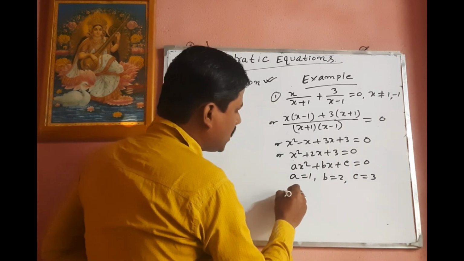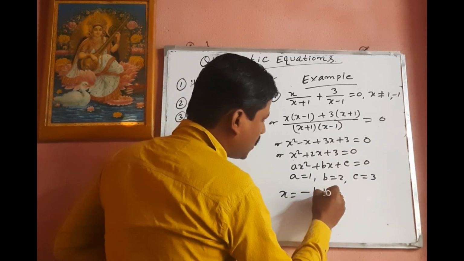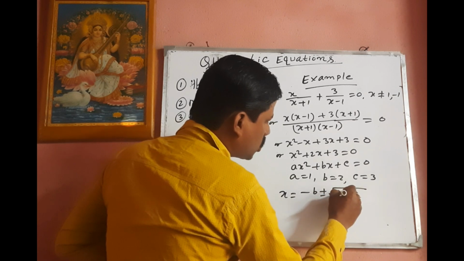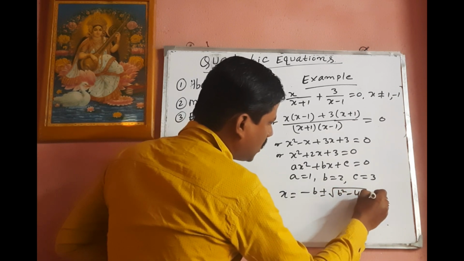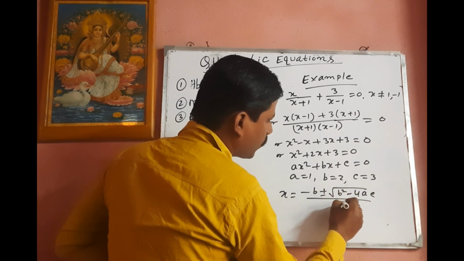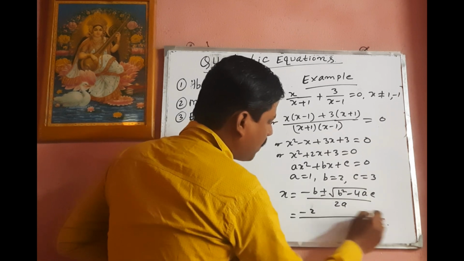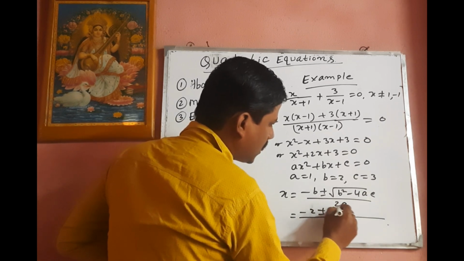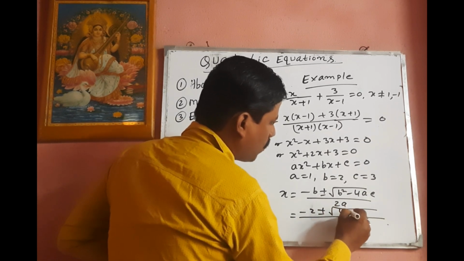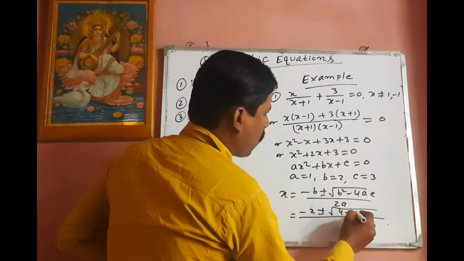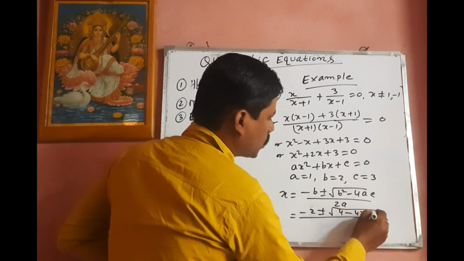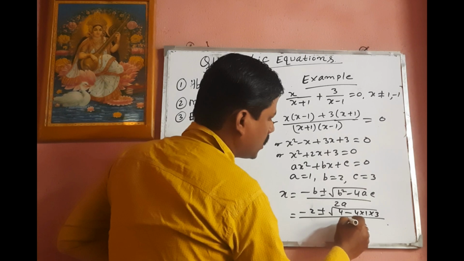Now the solution is x is equal to minus b plus minus root under b square minus 4ac by 2a. So putting the value of a, b, c, we get 4 minus 4 into 1 into 3, and this is 2 into a.